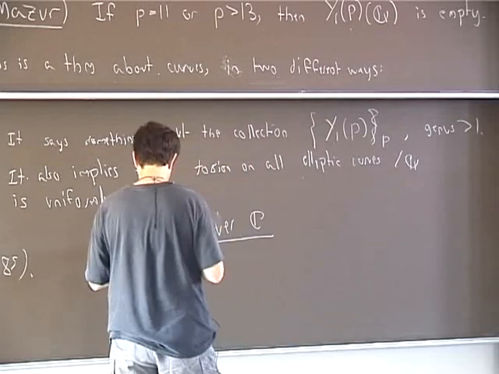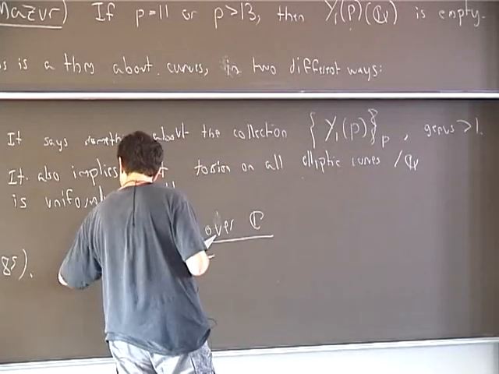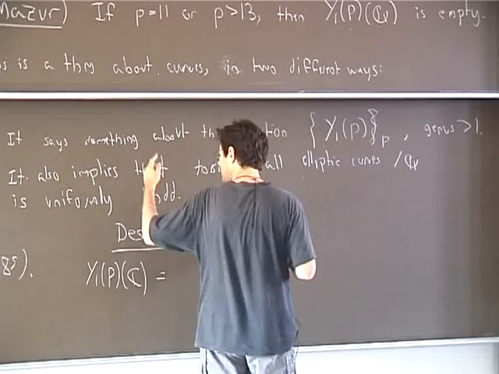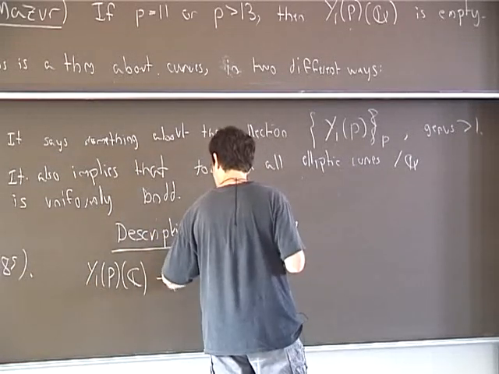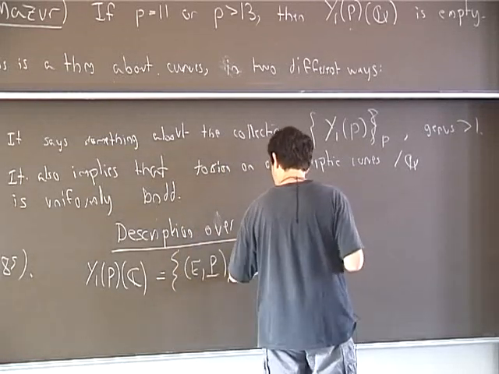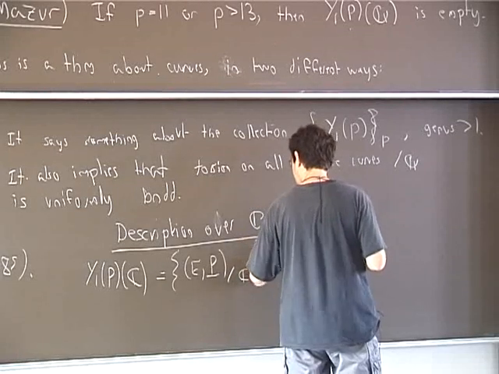So if we look at the set of complex points on Y1(p), by this general moduli description, this corresponds to pairs consisting of an elliptic curve and a point of order p over the complex numbers up to isomorphism.